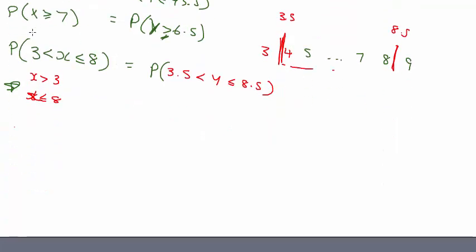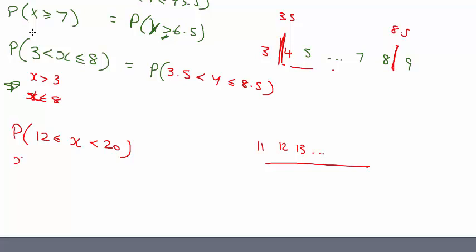We might as well practice one or two more of those. Let's say this is 12, and that's greater than or equal to, and less than, and that one's 20. Let's flip the sign, but it's the thinking that matters. Here's the way you do it: 11, 12, 13, and 19, 20, 21. I know I want greater than or equal to 12, but I want less than 20.